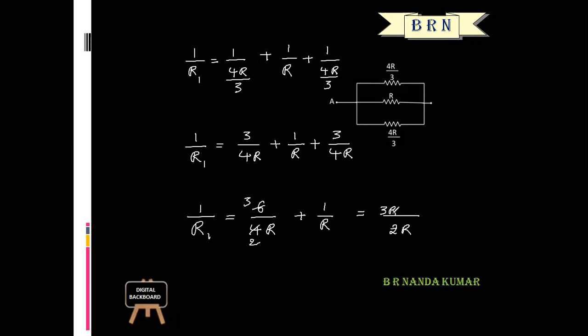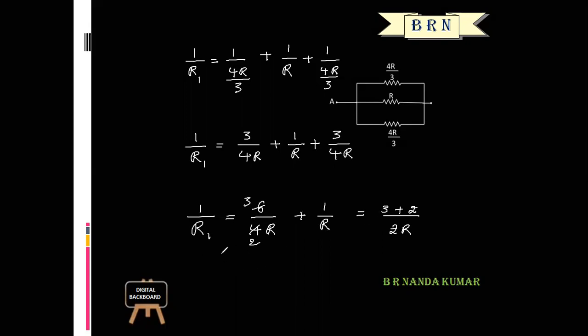So actually here the LCM is 2R. Here we will get the value 3, plus here we will get the value 2, since 2R into 1 by R, R cancels, we get 2. And 2R into 3 divided by 2R, 2R cancels, we get 3.